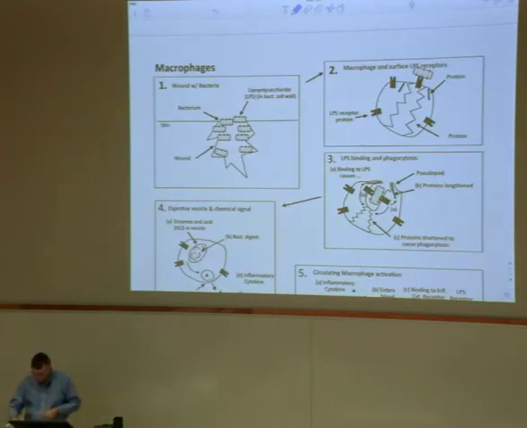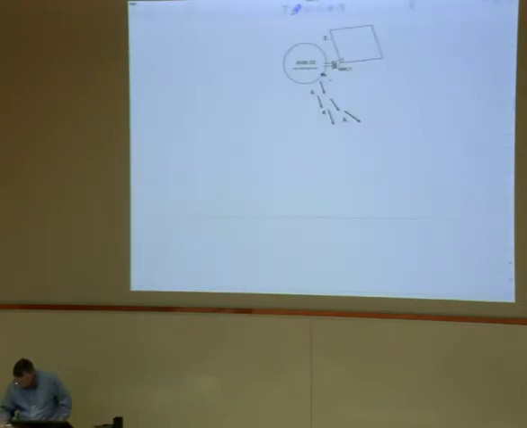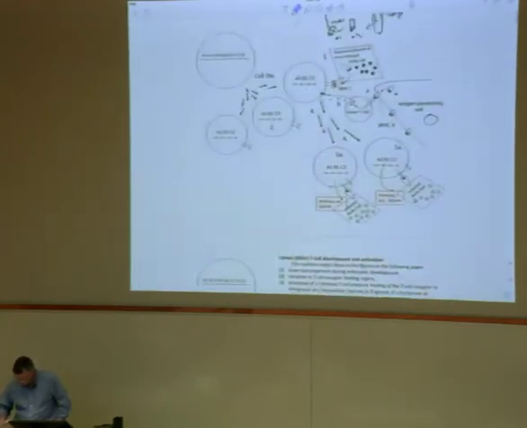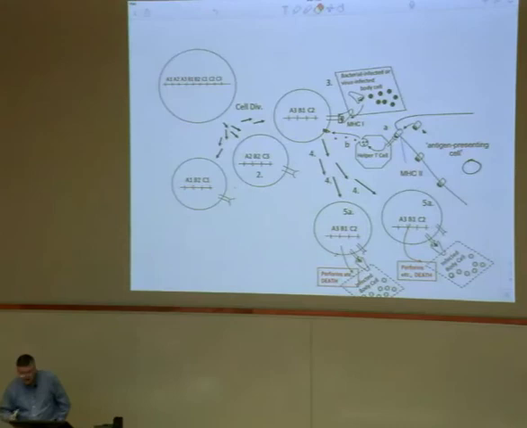Okay, this was the easy part of today's lecture, I'm sorry to say. Okay, now we want to talk about the acquired immune system. So the acquired immune system takes a pretty big investment. It takes time to develop, and it takes time to respond.